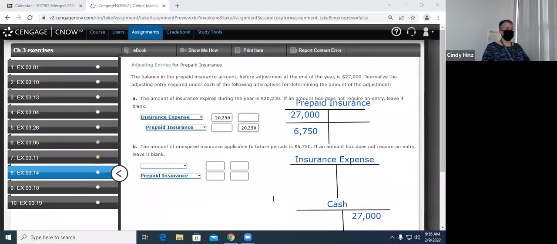Our job is to calculate how much we need to remove from the prepaid insurance and record on the income statement as insurance expense. So how much would that be? What's the adjusting entry we need to make?